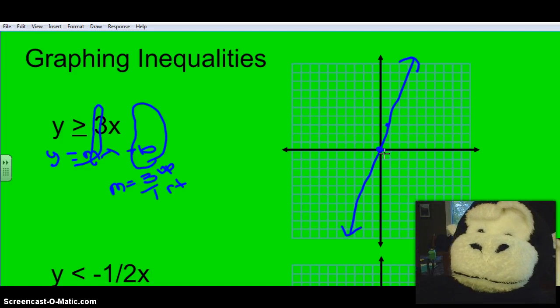So if I look over here, I can pick any point. Let's just go ahead and pick maybe point (2, 2).